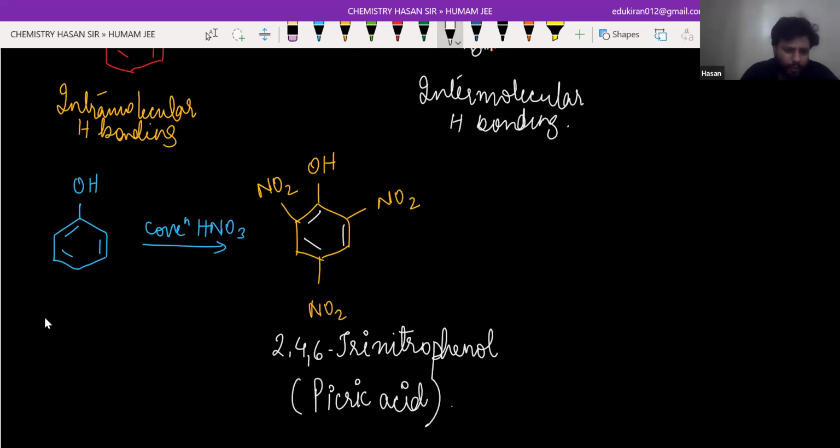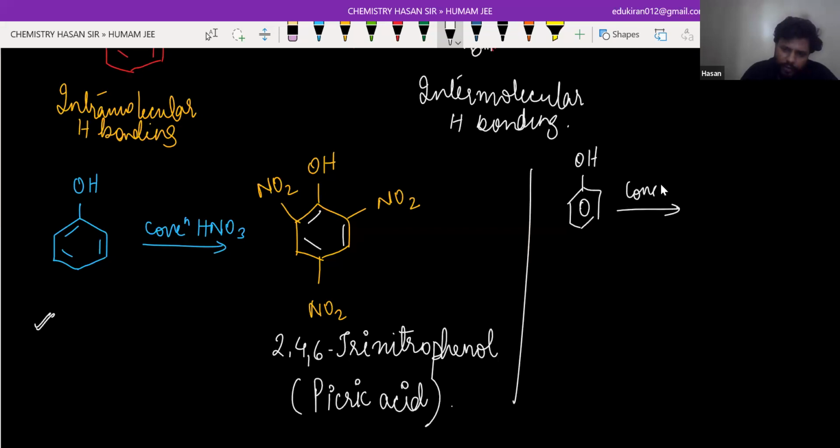Nowadays we are not going to use it like this. First, phenol is treated with concentrated sulfuric acid. Nowadays, this phenol is treated with concentrated H2SO4.